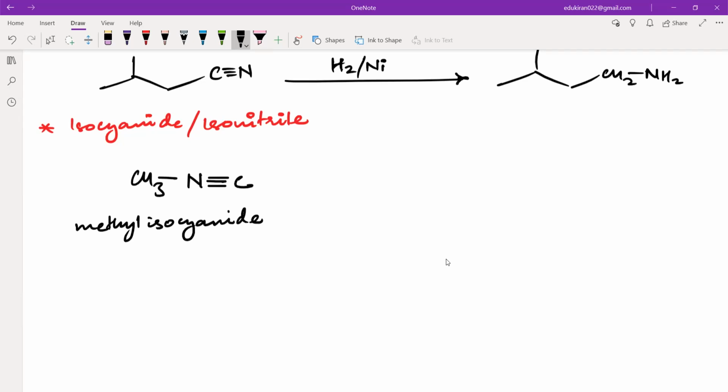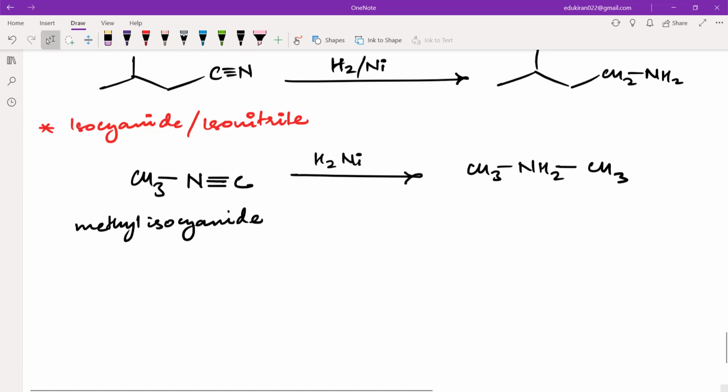So if I attach hydrogen atoms here, for example H2/Ni, then you will get CH3NH CH3. Same type of reaction.